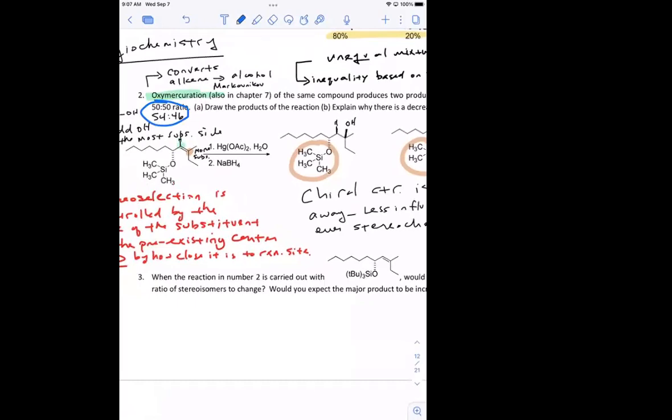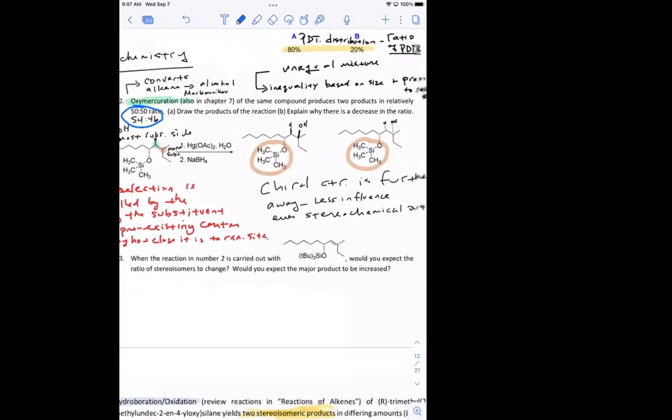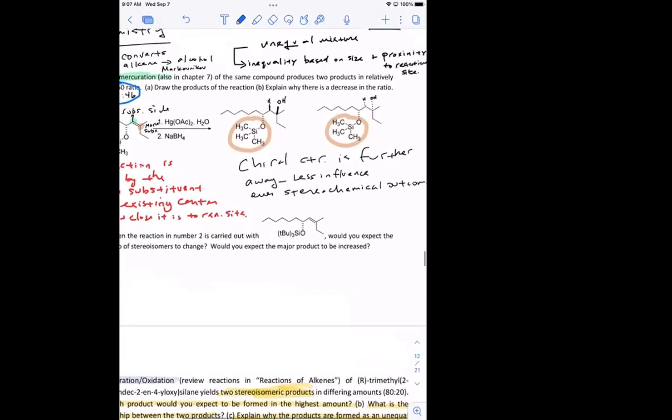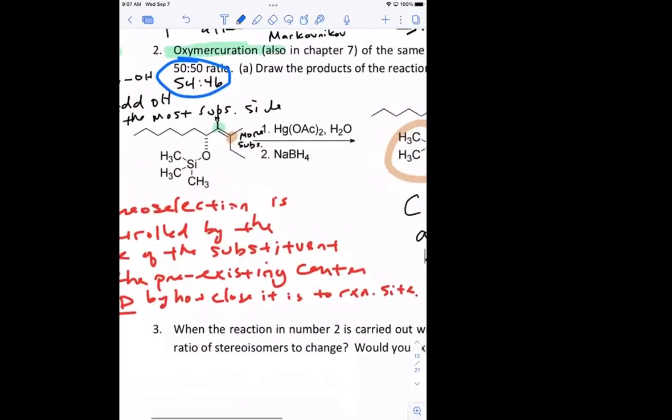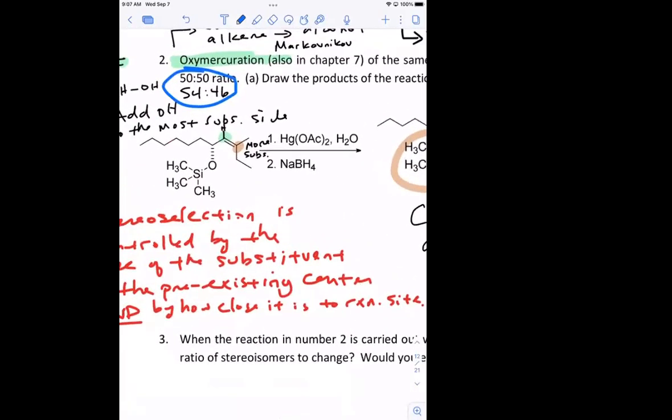So you said essentially if we make the chiral center group larger, it would change it? Yes. Okay, good. I agree. It will change it. Will it force more? Okay, so what would the ratio be? Just give me an estimate. I mean, we don't know because we have to actually do a reaction.